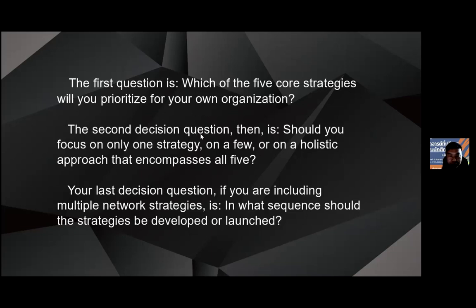The second decision question is, should you focus on only one strategy, on a few, or on a holistic approach that encompasses all 5? Your last decision question, if you are including multiple network strategies, is in what sequence should the strategies be developed or launched?